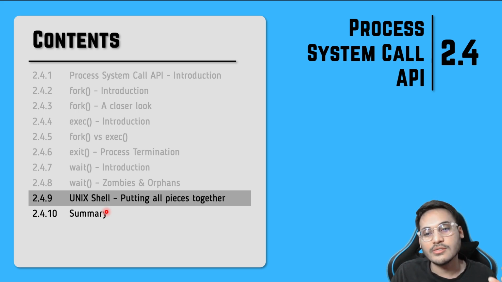And it is a simple piece of software constructed using these, or at least there could be more system calls, but at the core it works using these four major system calls, right? So let's put all the pieces together and see how we can make the shell using the system calls that we have studied up till now.